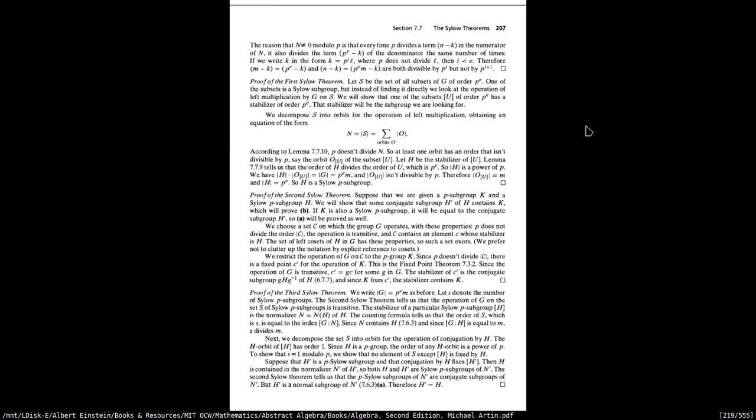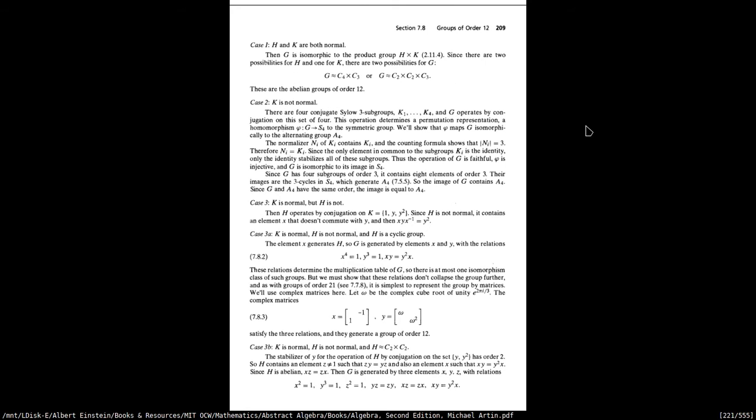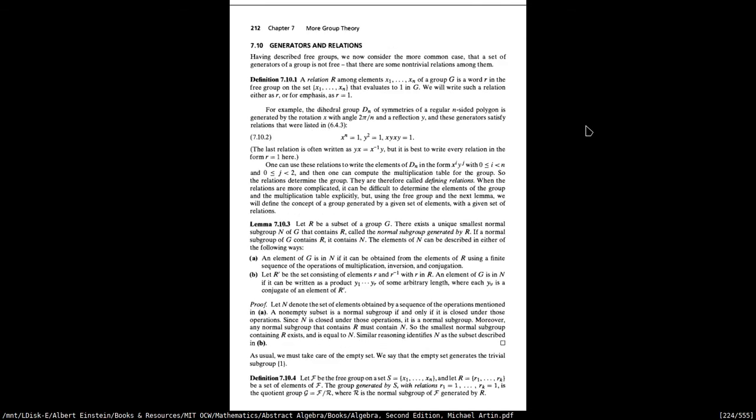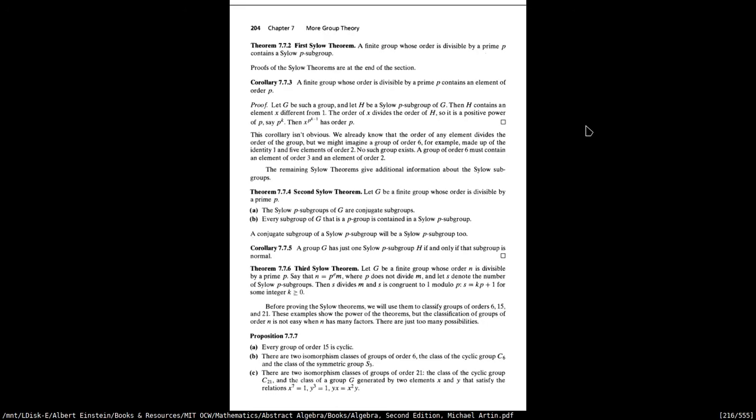So one thing we're equipped to do, based on just the Sylow theorems, is to write down how many Sylow subgroups there are of each order, possibly. You can write down all the possibilities. And then we need to start figuring out how to put them back together again.